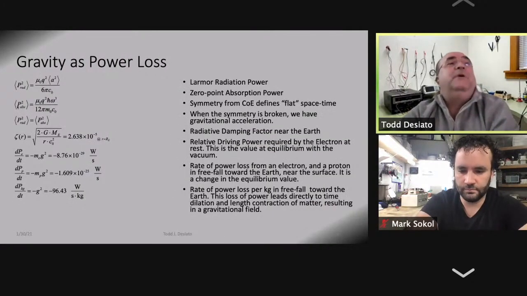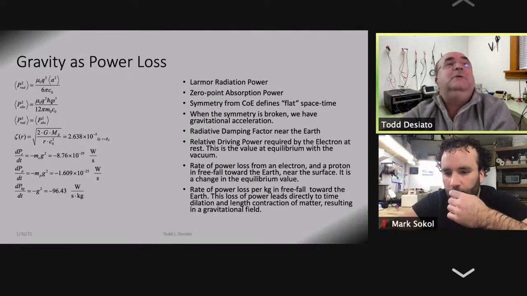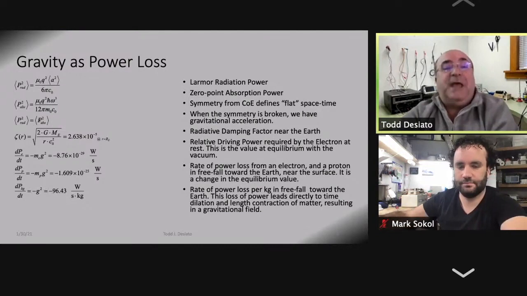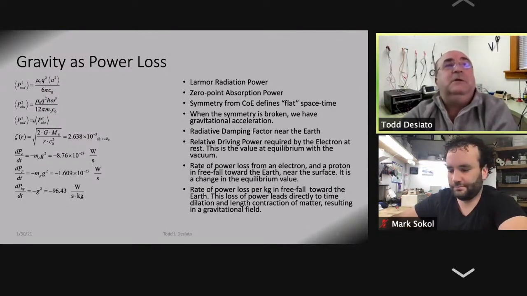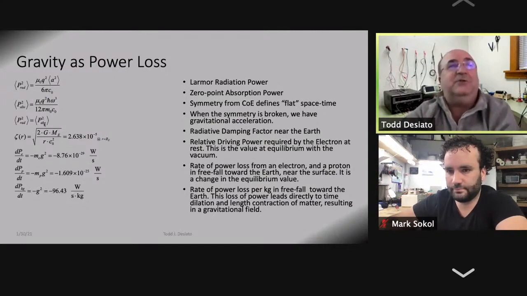And from the zero-point field, proportional to omega cubed, you get a power fluctuation that is this equation. And when these two are equal, for that particle in that region, space-time is flat. There's no motion in that. There's no curvature or gravitational field.